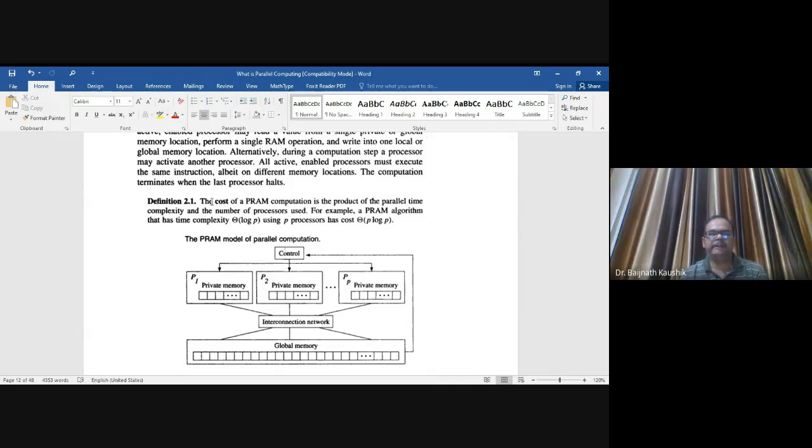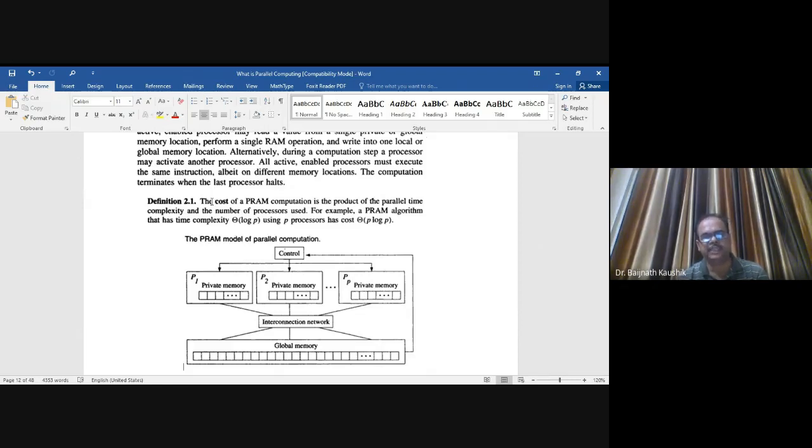So if we say there are p processors, and each processor takes log p time to execute all the instructions, then the cost of the PRAM algorithm will be theta p multiplied by log p.